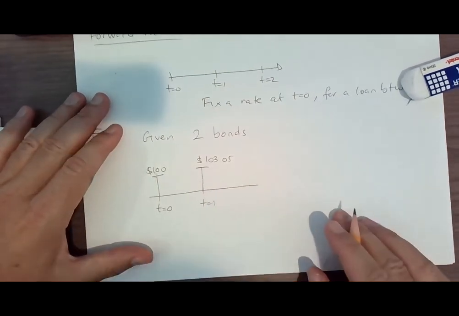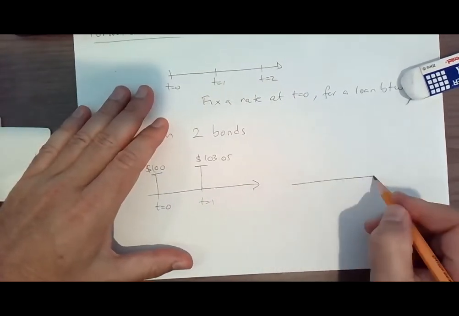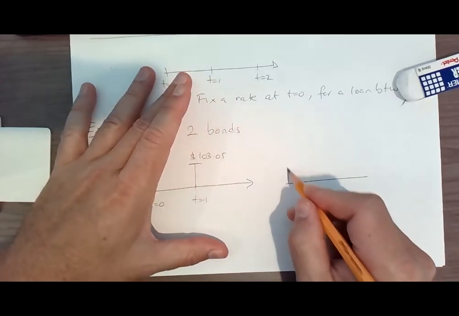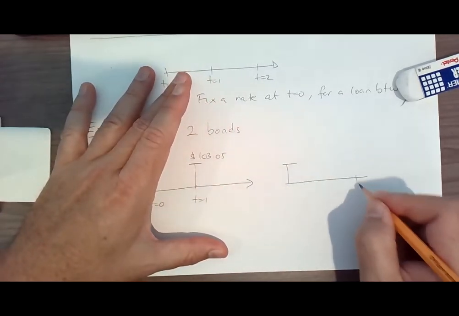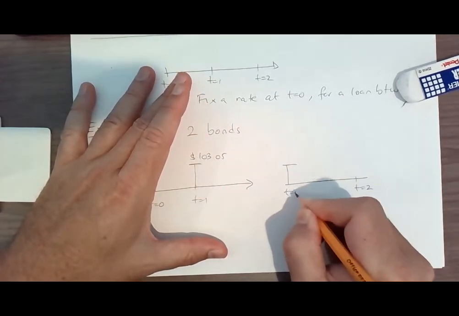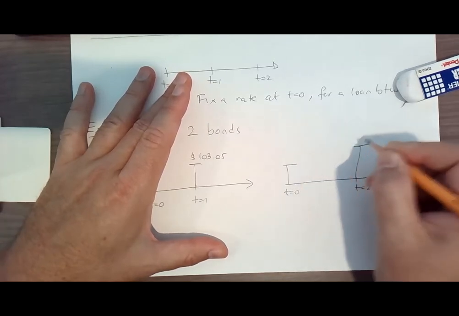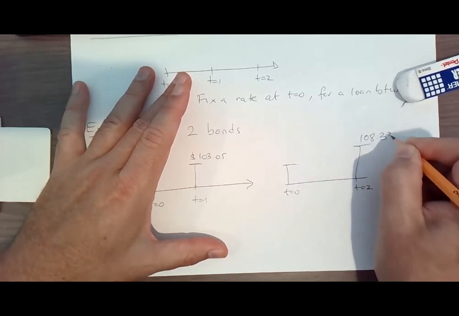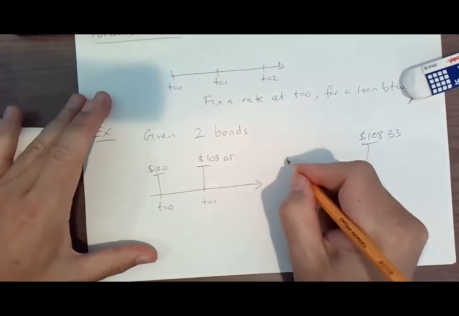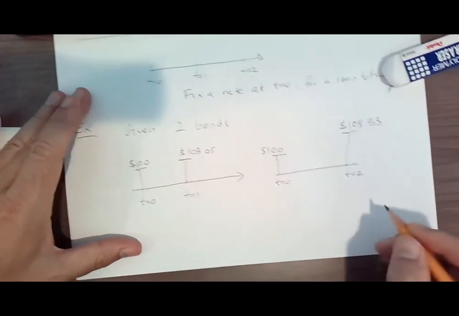So that's one bond. The other bond has a payment at time 2. That payment is 108.33, which is the one we had before, and it'll give you $100 at time 0.